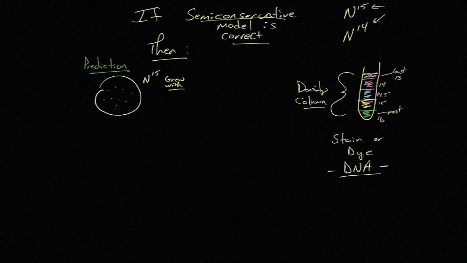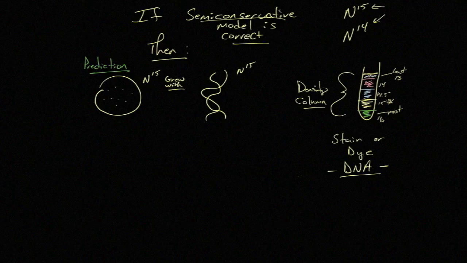Okay, so any DNA molecule we take out of there is going to have nitrogen 15. So if we threw it in the density column, it would show up at this point here, wouldn't it? Does that make sense, everybody?